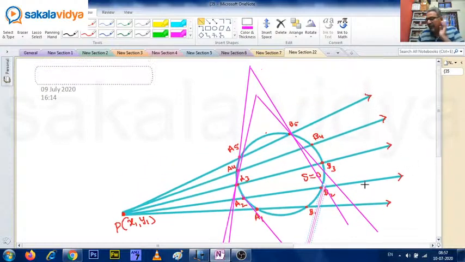See, so if you draw the tangents at the extremities of the secants which meet at the point, actually you get here.